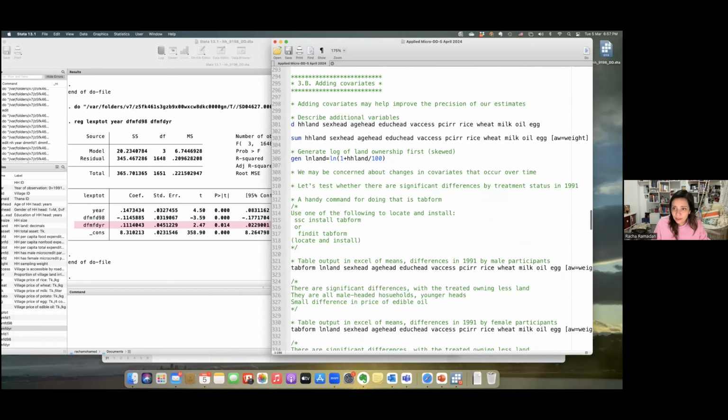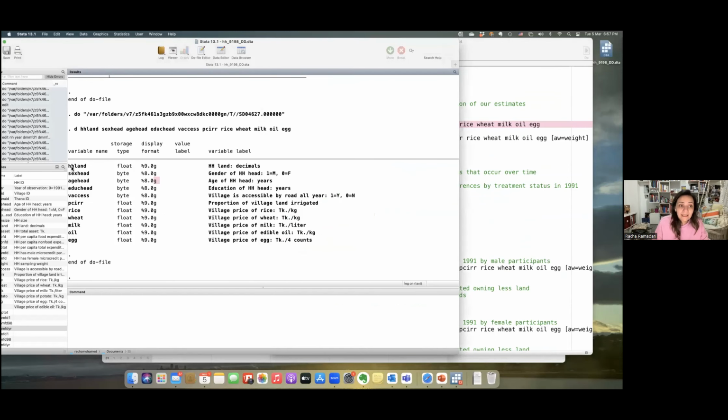So we will add covariates, and here the covariates that we will add are the head characteristics and the household characteristics. So we have if the household has land or not, and this is in decimal, so the value is very small, so we'll correct for this. We have the sex of the head, the age of the head, the education of the head.